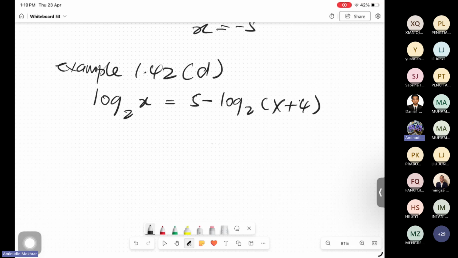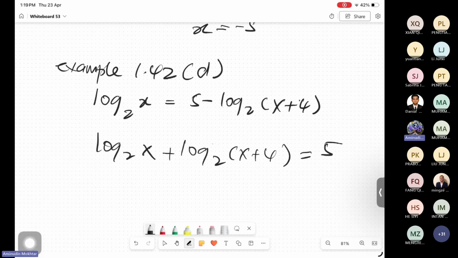In order to find x, we need to rearrange the equation. We just put all the logs on one side and the rest on the other side. So let's arrange it like this: log 2x plus log 2 (x plus 4) equals 5.